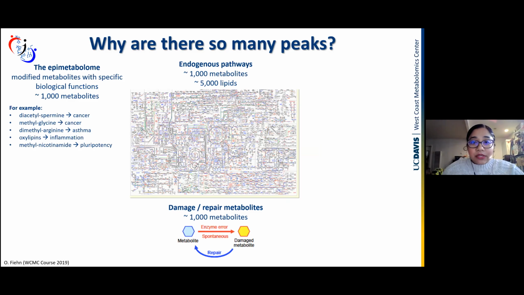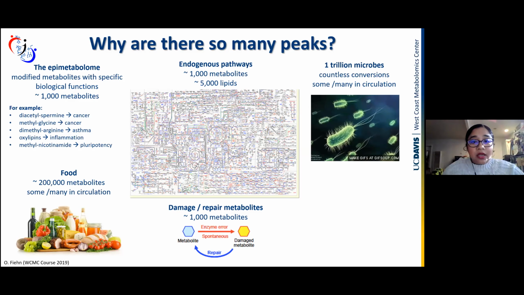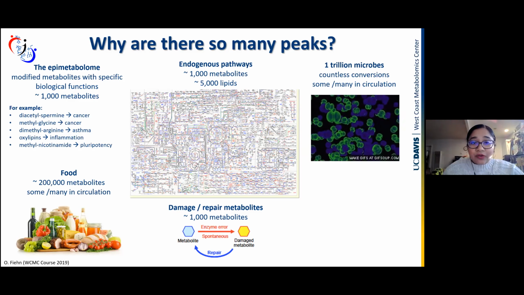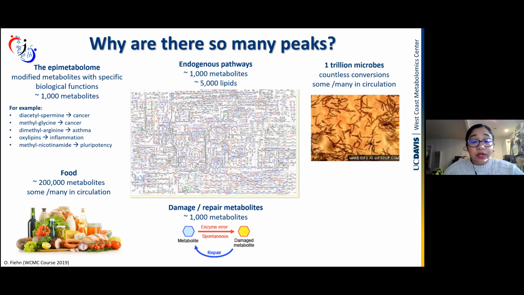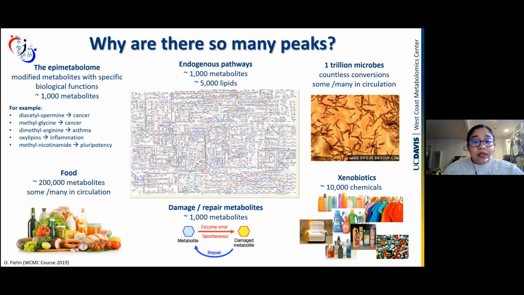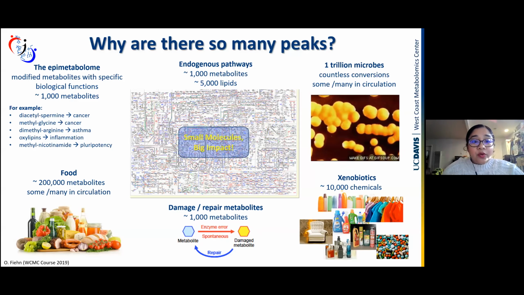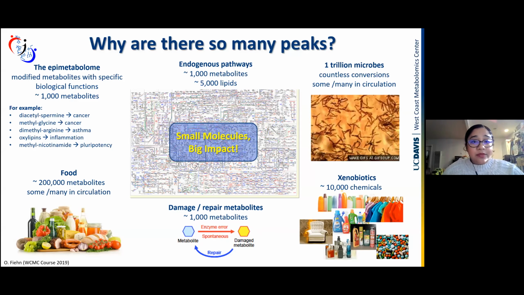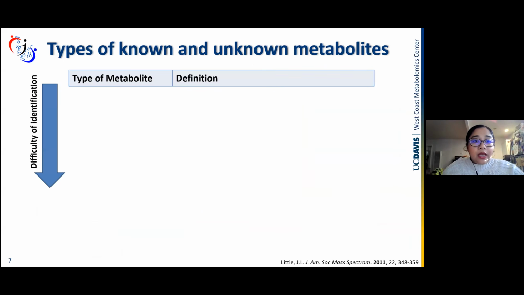There are epimetabolomes to be considered. There are also lots of food metabolites that we are consuming or exposed to on a daily basis. There are trillions of microbes that many researchers also investigate. And then there are also xenobiotics in terms of the exposome. So even though we're thinking about small molecules, these small molecules have a really big impact.